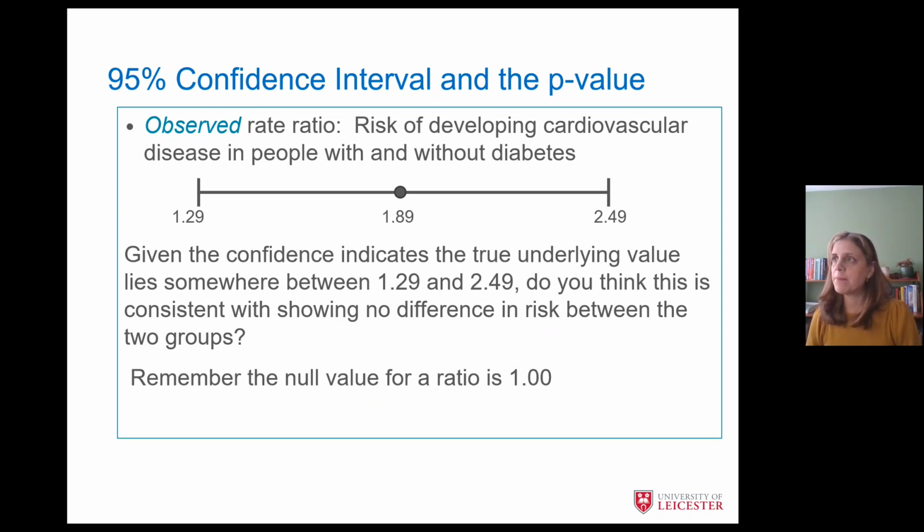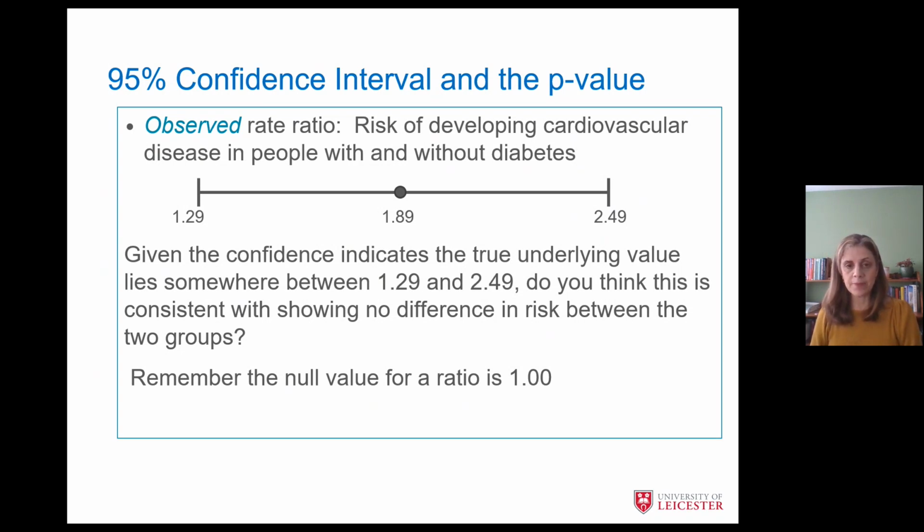So here we're saying from our sample, our best guess of the risk ratio is 1.89, but we believe we're 95% certain that the true underlying value in the population lies somewhere between 1.29 and 2.49. So what you need to look for really is whether this confidence interval includes the null value. I've already shown that the null value for a ratio is 1, and you can see that 1 is not included in this confidence interval.